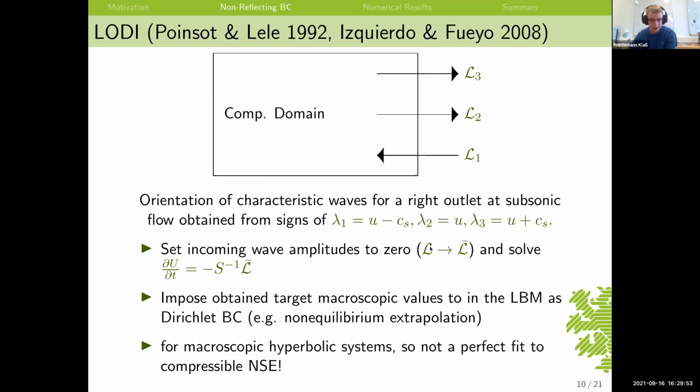And a quick remark, this is technically only feasible for macroscopic hyperbolic systems and doesn't really fit the compressible Navier-Stokes equations exactly. But nevertheless, it is a popular approach in the lattice Boltzmann community, and we were curious to see what happens when we extend this to multi-speed.